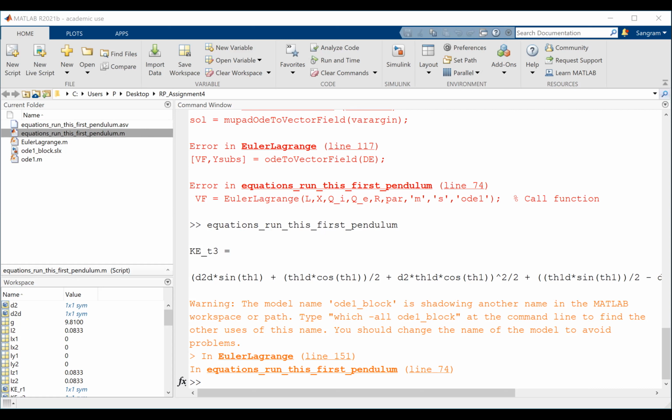It could be a rotary motor or it could be a linear actuator. Those torque values would appear here. Instead of zeros, this would be the torque on the first joint given by the first motor. This would be the force on the second joint given by the linear actuator.